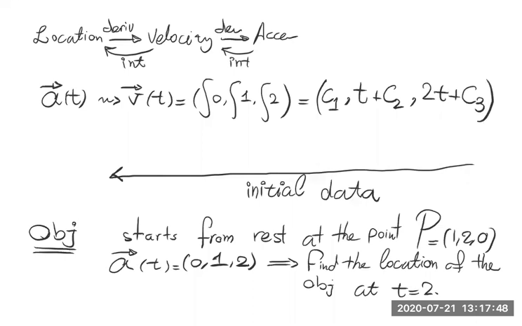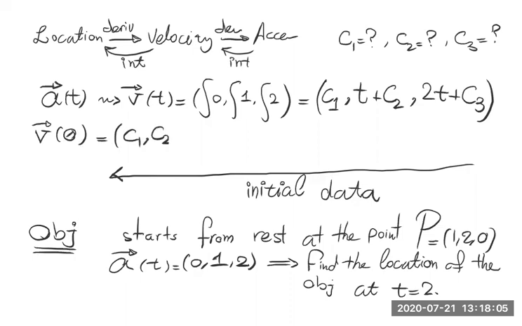Okay, I want to know what C1 is, I need to know what C2 is, and I need to know what C3 is. That's why we need the initial data. What is the velocity at time 0? Well, it would be C1, 0 plus C2, 2 times 0 plus C3, right? But look at the question. The question says the object starts from rest.